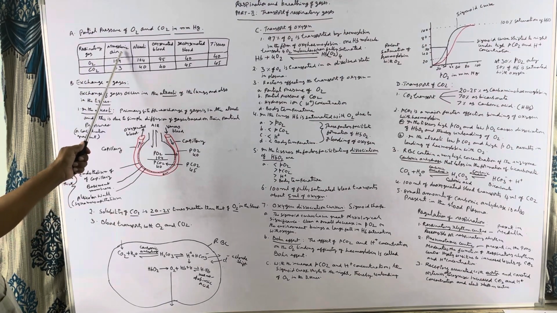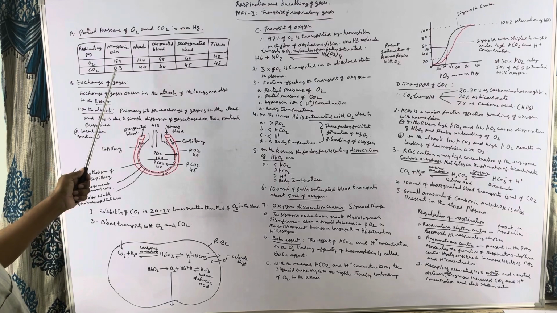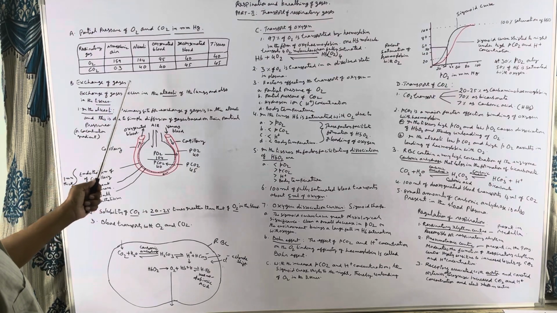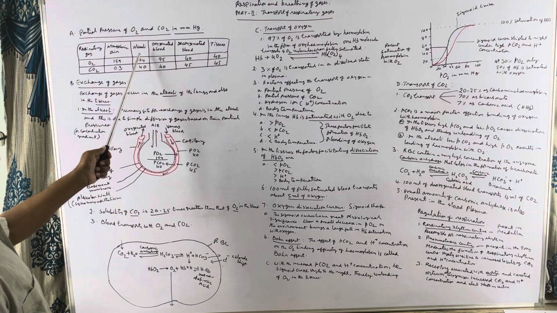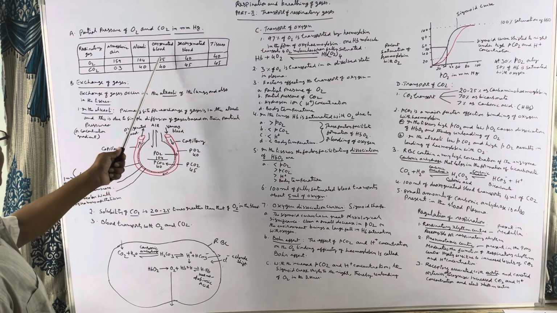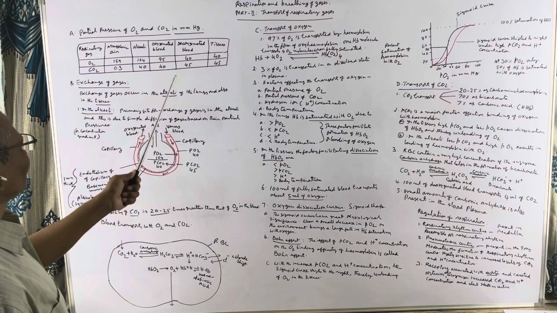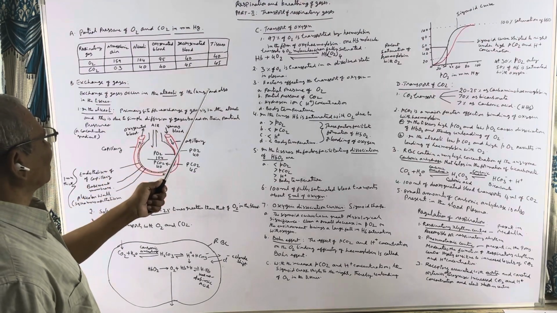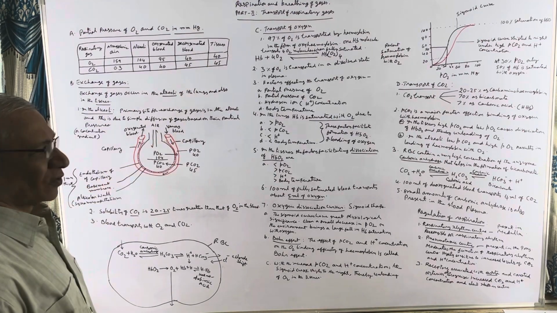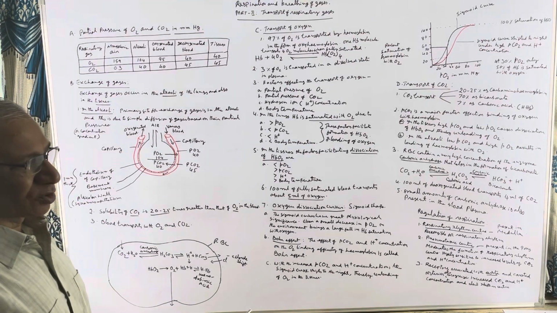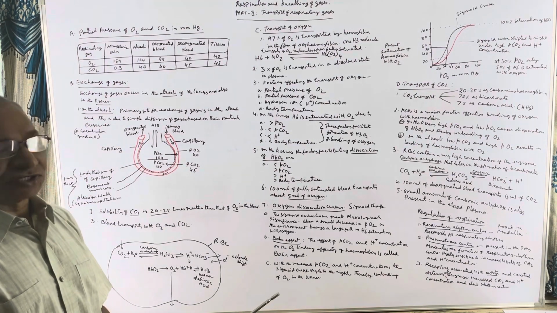In the atmospheric air, the partial pressure of oxygen is 159. In the alveoli of lungs, 104 mmHg. In the arterial blood, 95 mmHg. In the venous blood, 40 mmHg. And in the tissues, 40 mmHg.